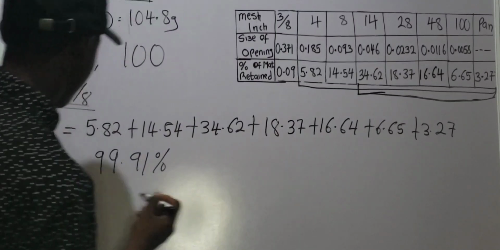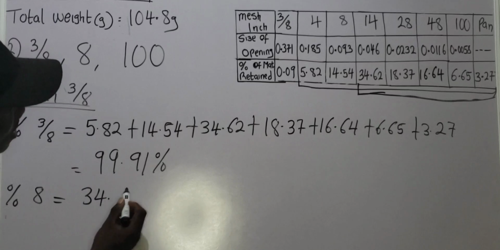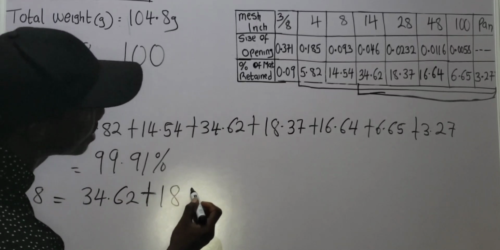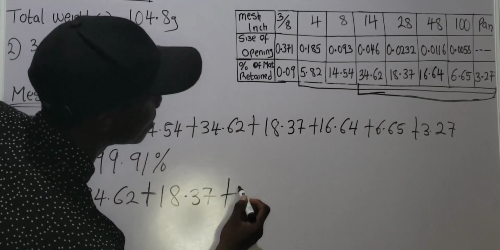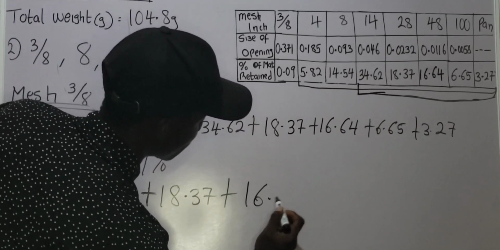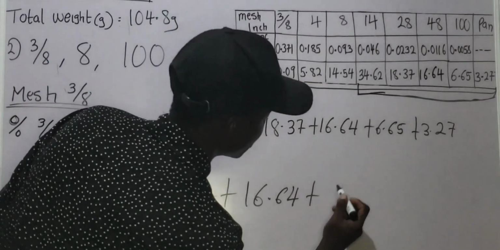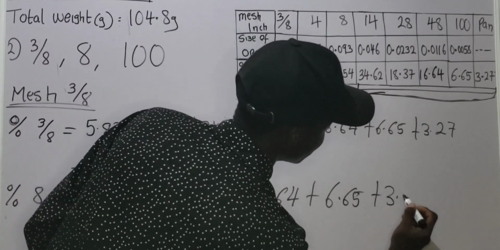So the percentage of material that pass through mesh 8 is 34.62 plus 18.37 plus 16.64 plus 6.65 plus 3.27.